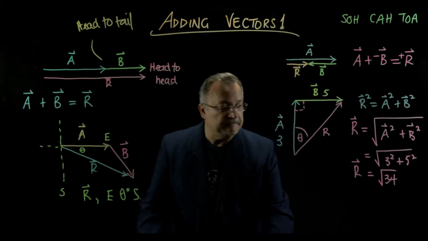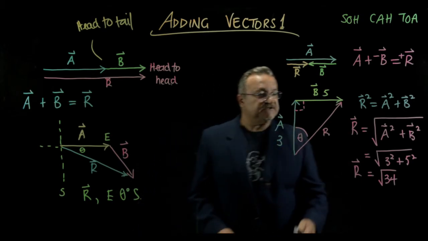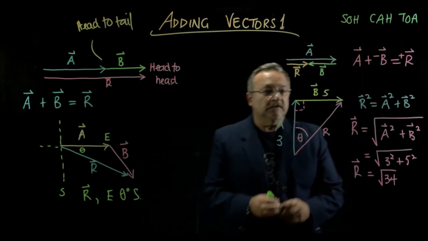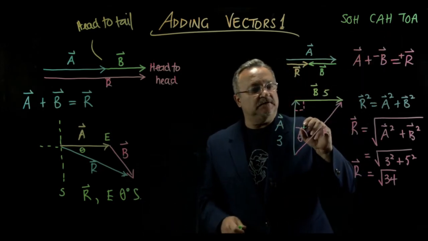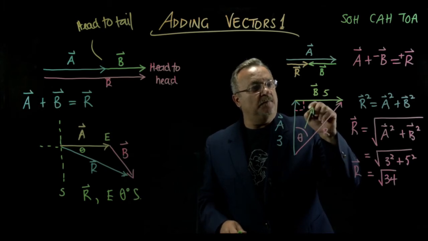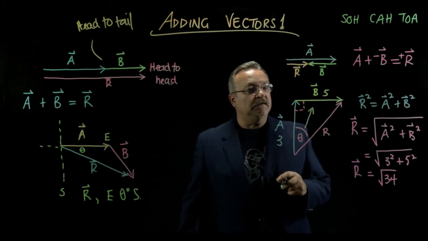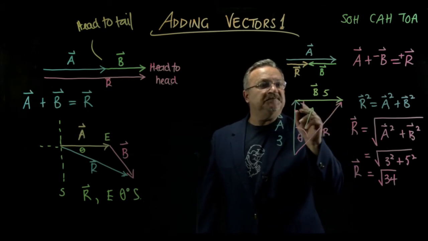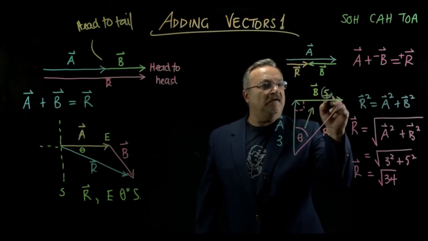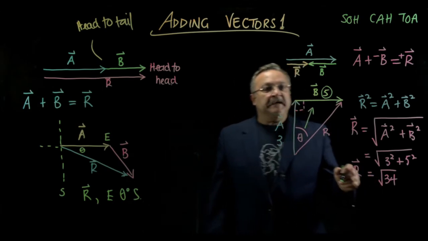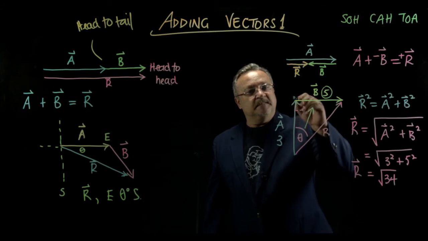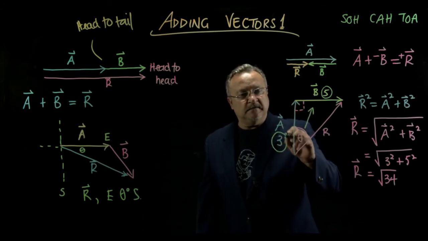Now to find the direction of the resultant, I need to come back to here, to SOHCAHTOA. So I look at the angle and I say, okay, what's this angle? Well, this angle is opposite the vector B. So the opposite side has a value of 5. And the adjacent side has a value of 3.